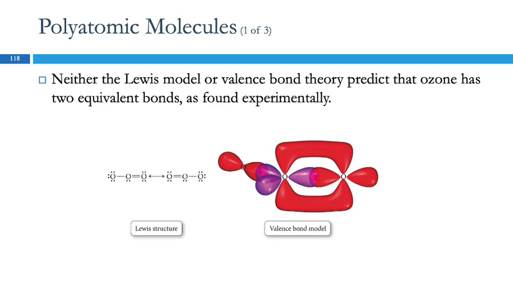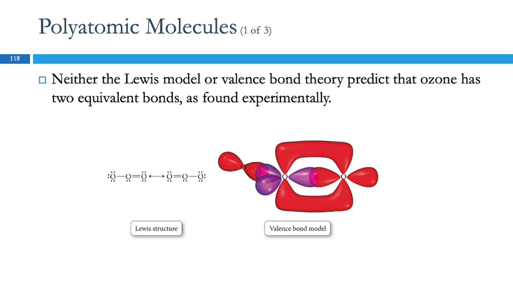Here's another example of molecular orbital theory doing a better job than Lewis and valence bond theory. We looked at ozone when we talked about resonance structures. And in Lewis theory, all we can do is draw these two structures with an arrow in between and say, well, the actual structure is a hybrid of these. It's a combination of these.